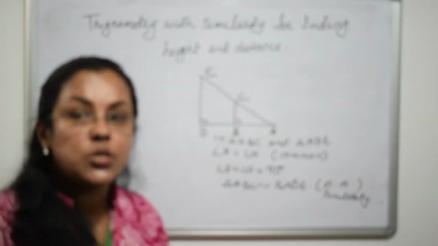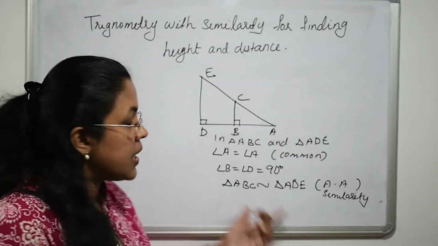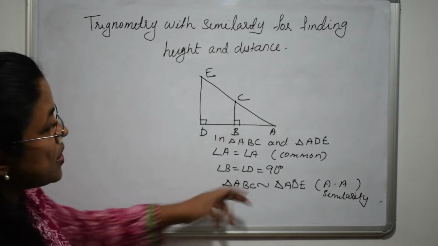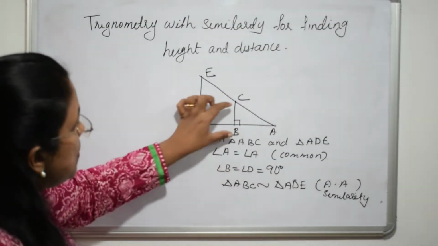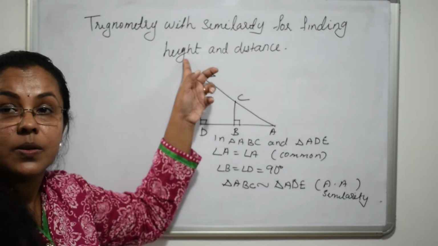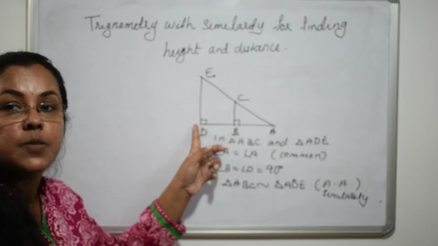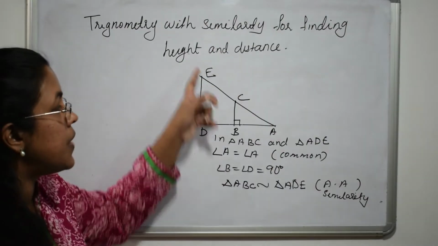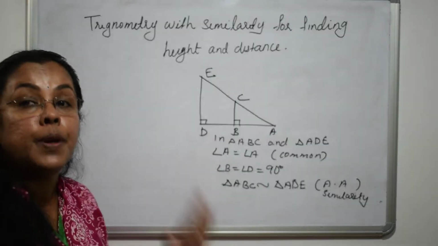Using the properties of similarity, if two triangles are similar, then their corresponding sides are proportional. Then what are the corresponding sides here? AB and AD, BC and DE, AC and AE. Corresponding sides are proportional.